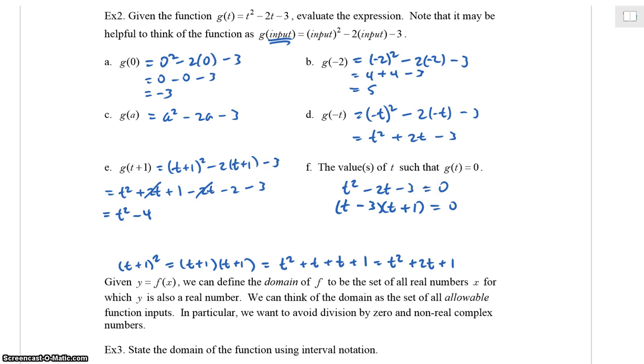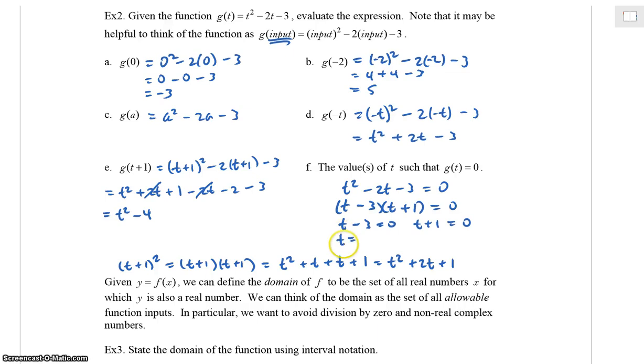You have to check according to FOIL to make sure that it matches the original polynomial. So this would be the correct factorization. I hope that makes sense. If we then set each factor equal to 0, so if the product of the factors is 0, then each factor individually can be set equal to 0.